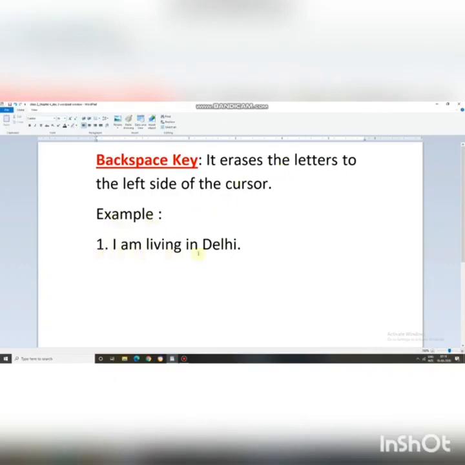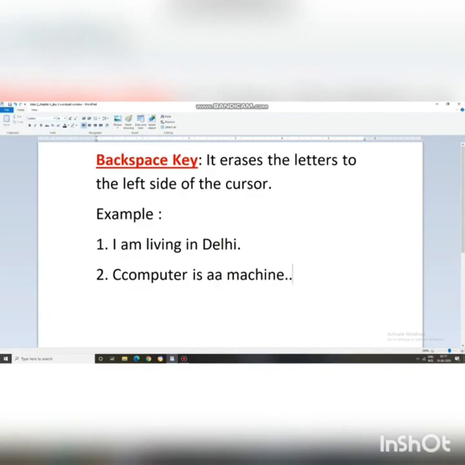I am living in Delhi. It's perfectly okay. Let's say I give another sentence. Computer is a machine. Now I know, children, I have made some mistakes.